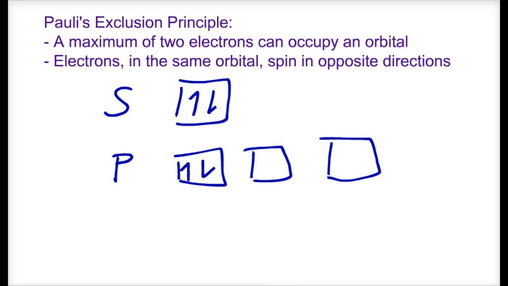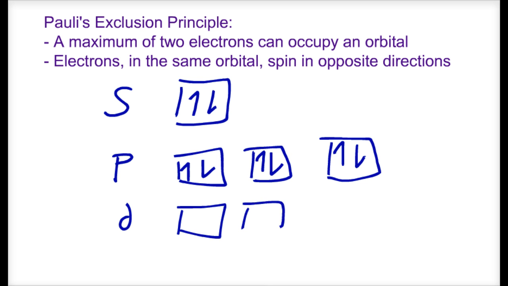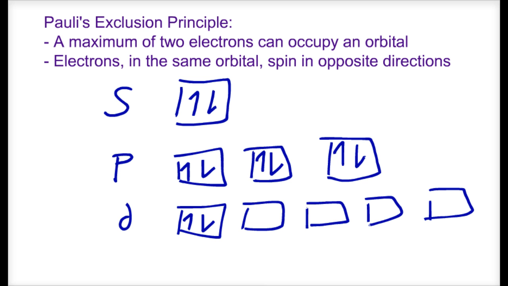Again, I can only have 2 in each one of these orbitals. Same thing would happen for d's and for f's. D's have 5 orbitals in a given level, and again, only 2 electrons go into each orbital, and f's would have 7.